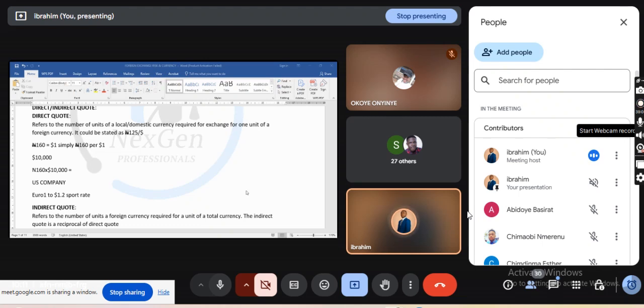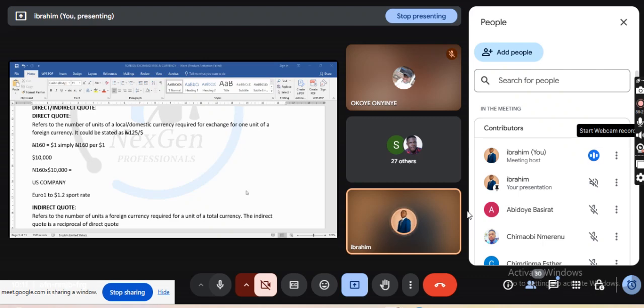Of course, now let's look at it. I've explained the need for foreign exchange. You want to buy something overseas, you cannot use naira. You have to use dollars.